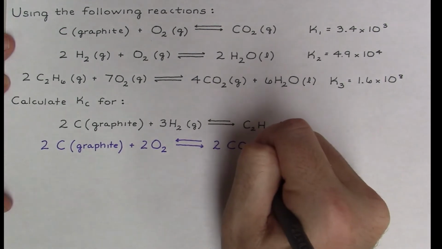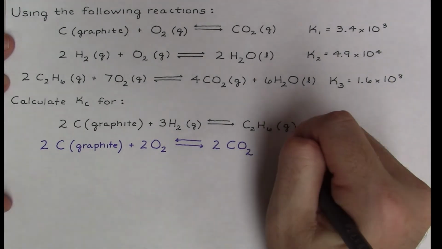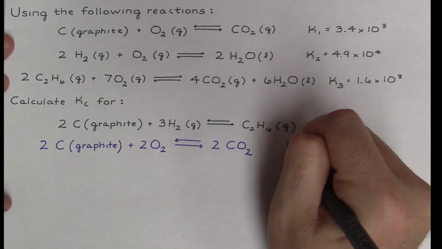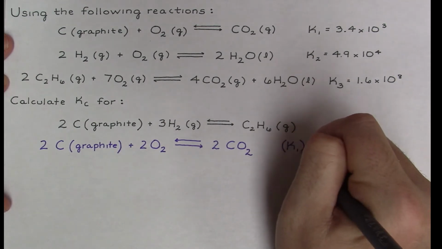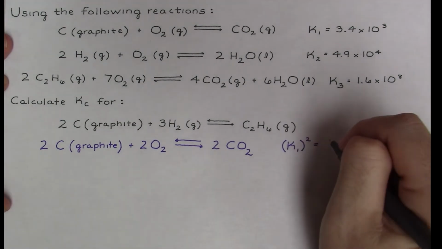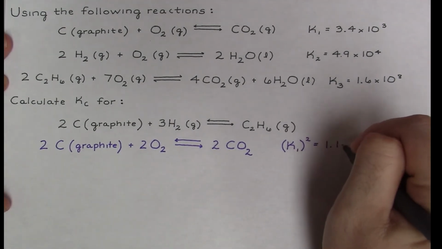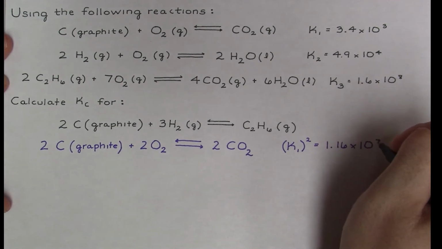This means if I multiply the coefficients by 2, I'm going to have to square my K constant. So K1 needs to be squared, and what I get in this case is 1.16 times 10 to the 7th.